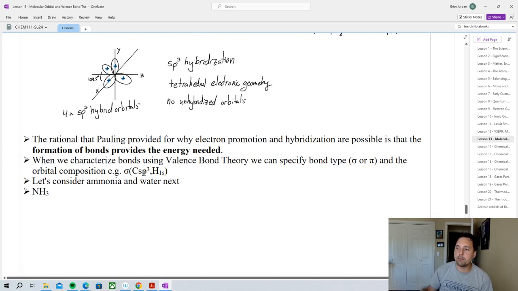Now, the rationale that Pauling provided for why electron promotion and hybridization is needed and why it's possible is that the formation of bonds provides the energy needed to overcome the energy you would need to put in to promote an electron and to hybridize those atomic orbitals.